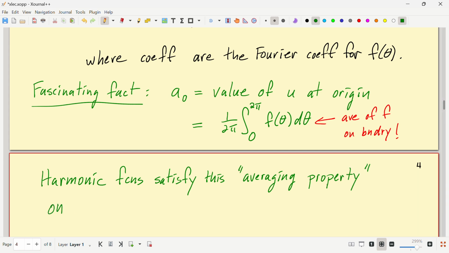And so that's why you think of temperature as sort of being a diffusion problem. It spreads out in such a way that the temperature right here would be the average on a circle, and it could be any old circle. Or I could take, in fact, the average on a ball about it, and that would be the case also.